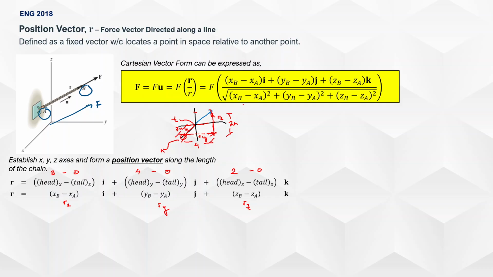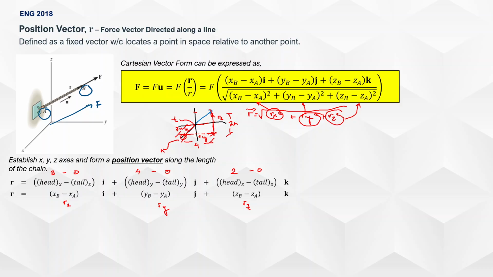And then ito is simply yung magnitude ng, simply square root ng ito, which is Rx squared plus Ry squared plus Rz squared. Okay? Medyo pinakomplika lang ni Hibler, hindi ko lang siya na-edit properly.